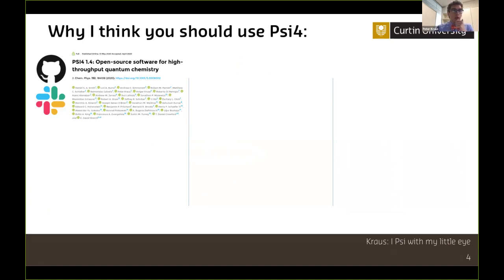I think there are 20 institutions involved, and quite a few people such as me or Holger Kruse or Susi Lehtola are not associated with any of the American institutions that are the chief contributors to Psi4, but we have been accepted in the community, and it's really open source as it should be done.